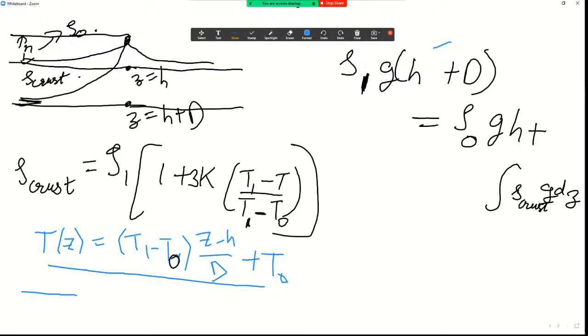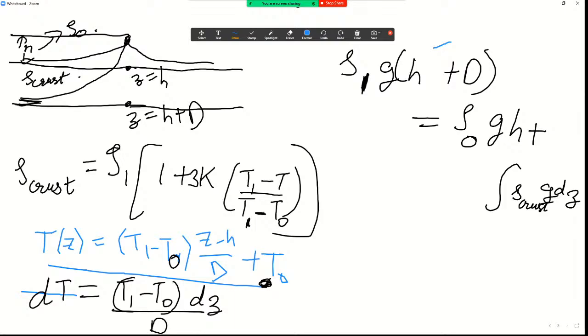Yes, you are right. So we can now differentiate this. If we differentiate, then this T naught won't matter. We get dT equals (T1 minus T0) dz by D. Now we can substitute dz here, then we'll get it in terms of temperature.